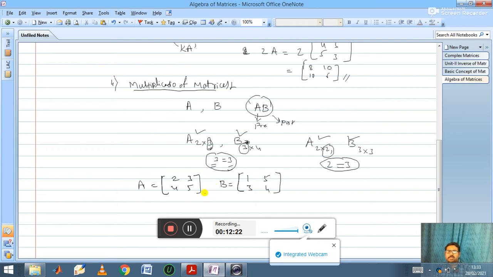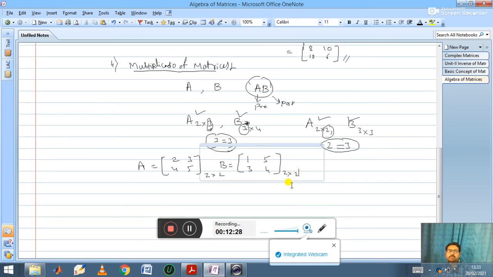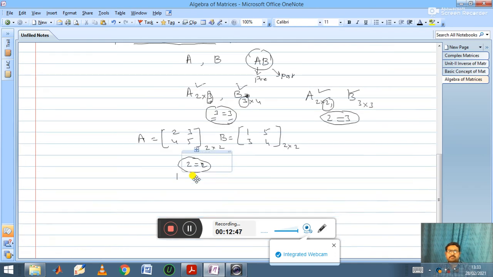Here matrix A is of order 2 cross 2, and matrix B is also of order 2 cross 2. So these two are conformable for multiplication, because the number of columns in the first matrix is 2 and the number of rows in the second matrix is 2. Therefore we can multiply matrices A and B.